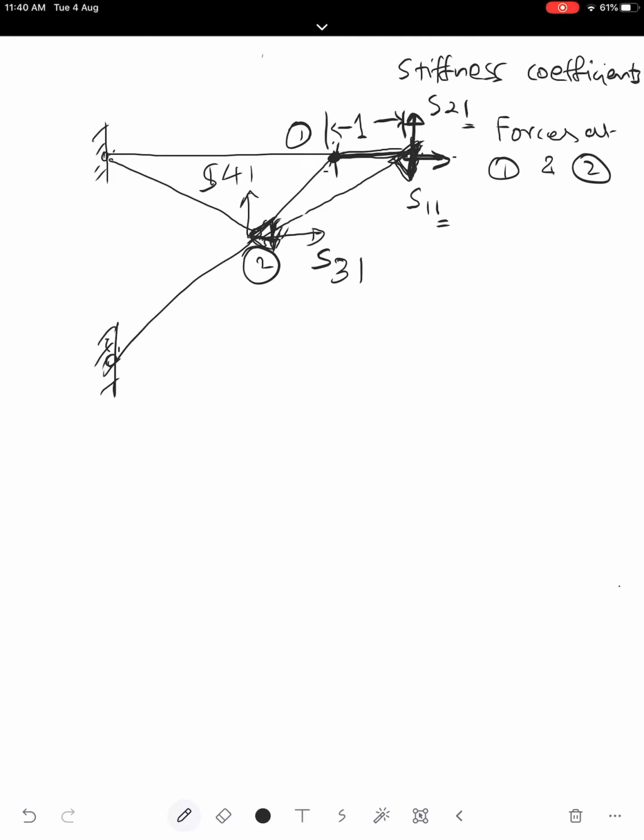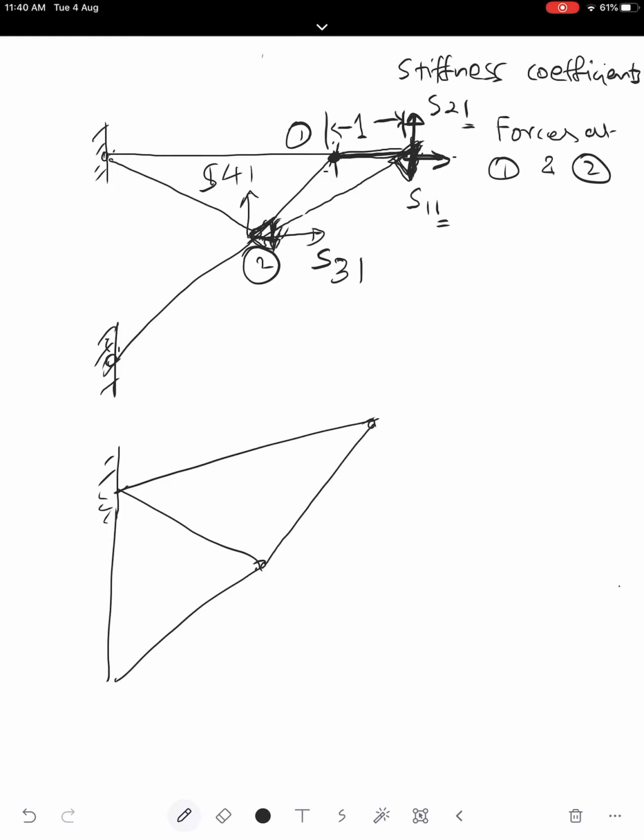Similarly, we pull this joint upward. So let us pull this joint upward. Again we have, if you are pulling this upward, the original truss was like this. Sorry, it was just the horizontal.